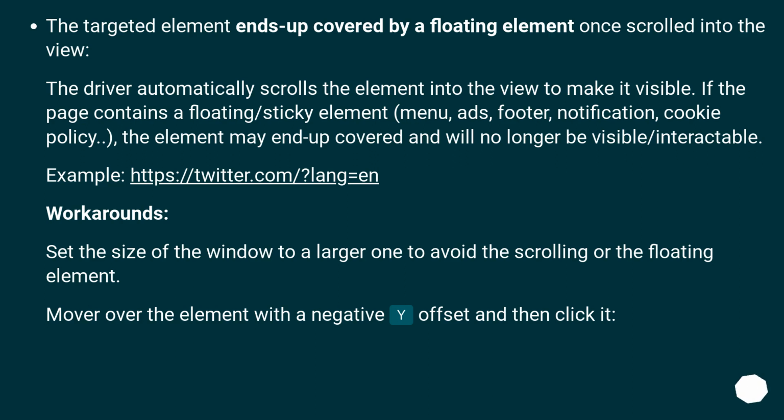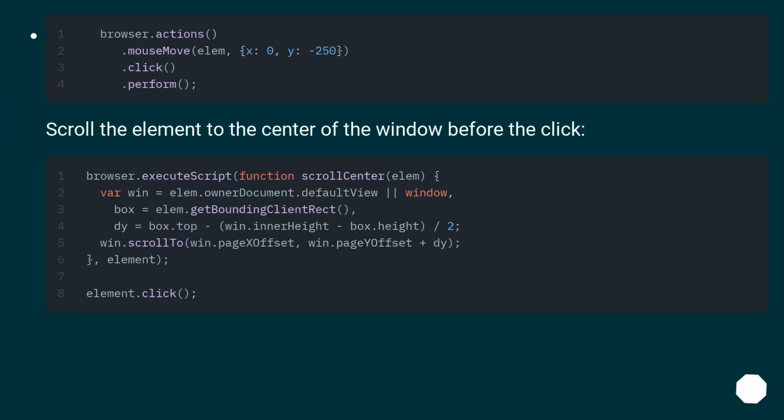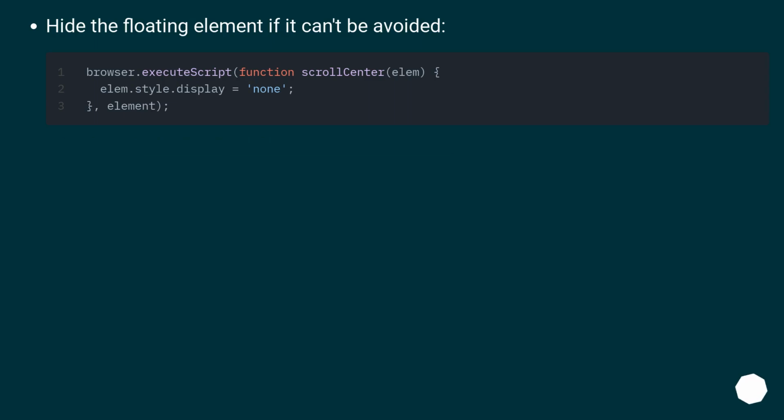Move over the element with a negative y offset and then click it. Scroll the element to the center of the window before the click. Hide the floating element if it can't be avoided.